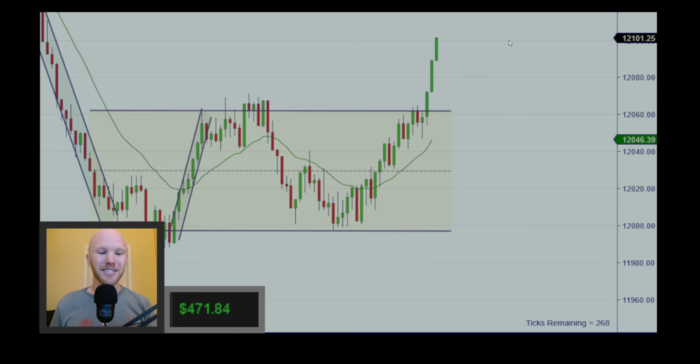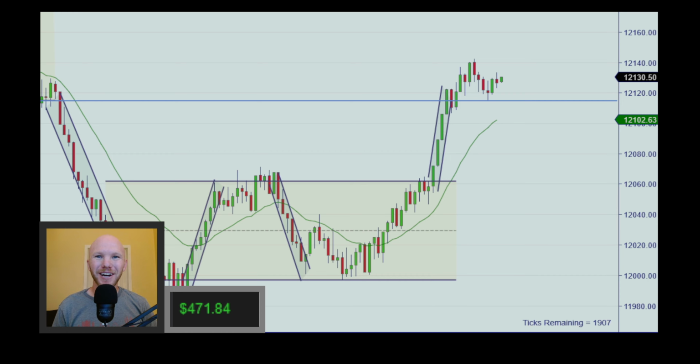Otherwise, might wait. Oh yeah, this is just moving up. So we're definitely not going to take this back into the range. This is looking like a legitimate move. So at this point, we will wait for prices to come back and hopefully test this breakout area. And then we'll look for some confirmation to go long.